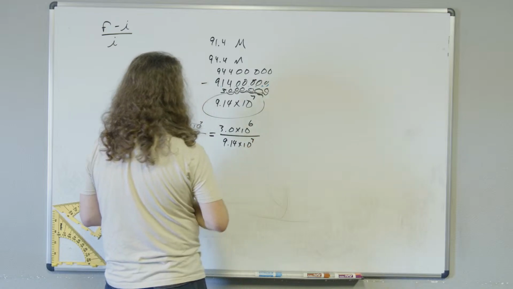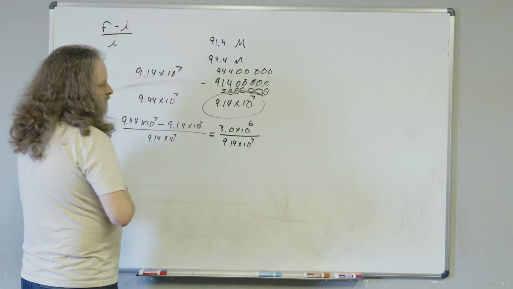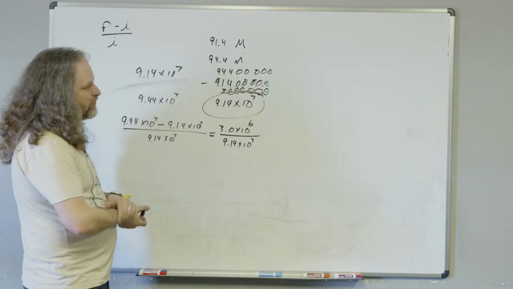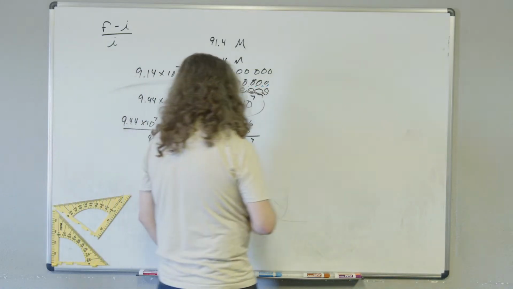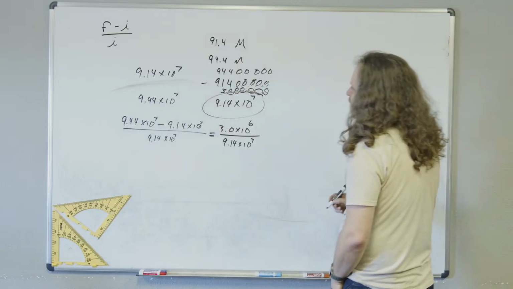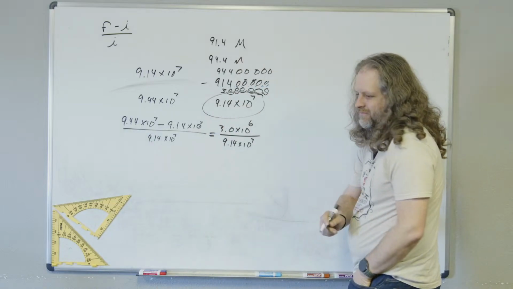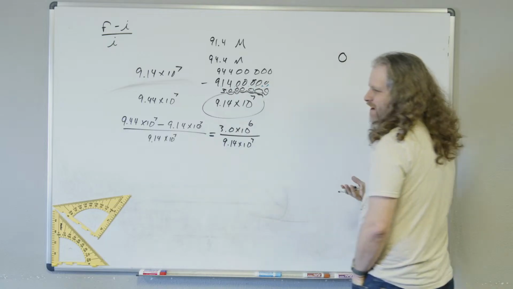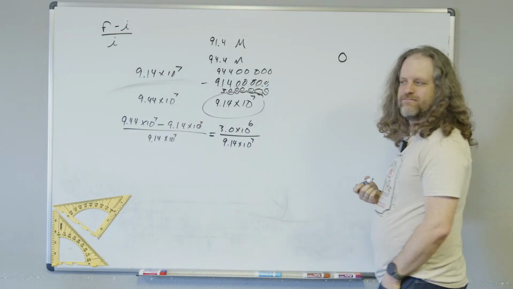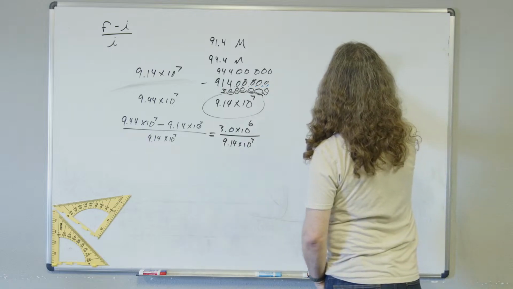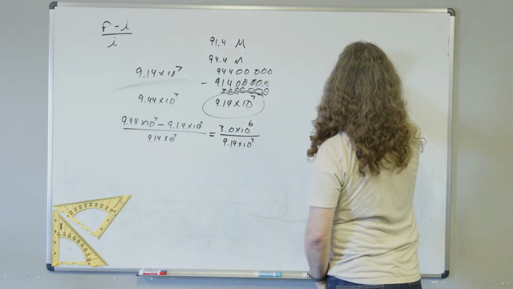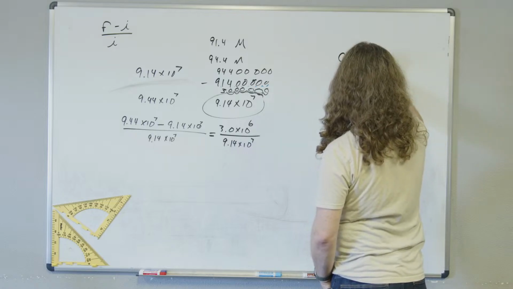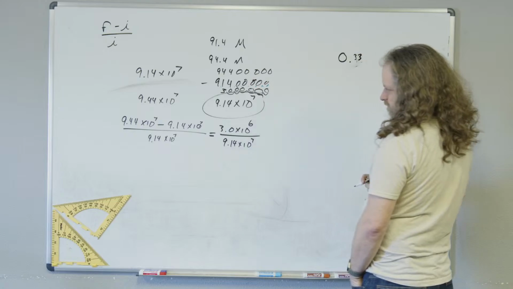No, just divide that. 3 divided by 9.14 is what? It's about a third, right? No. 0.3. 0.33.